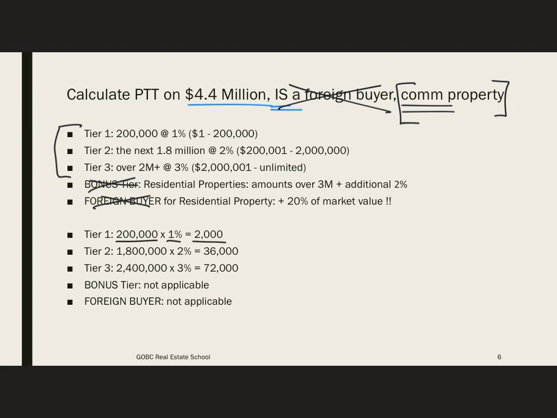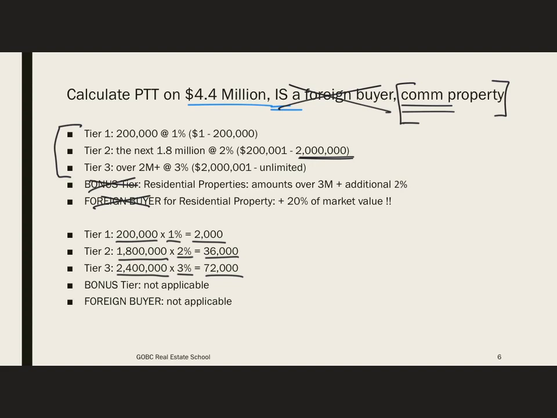And then because we're past $2 million in our tier 2, we do the remainder of 1.8 million at 2% for $36,000. And then because we're past that 2 million, we need to do a tier 3 at 2.4 million at 3% for $72,000.